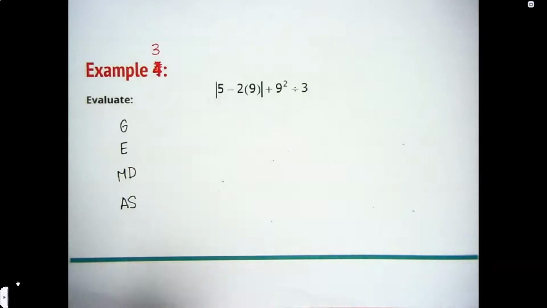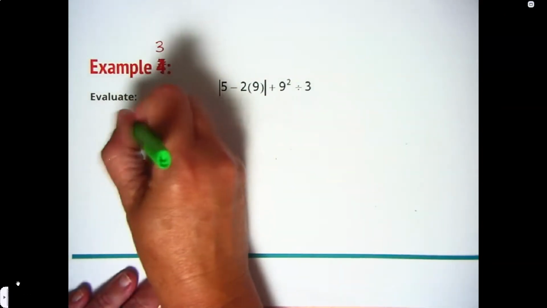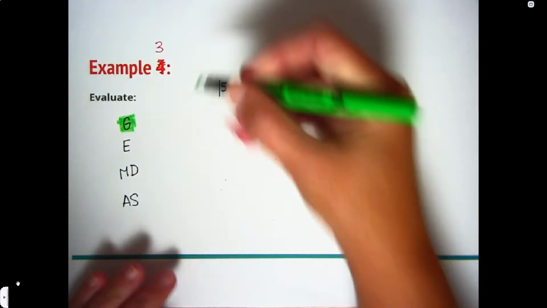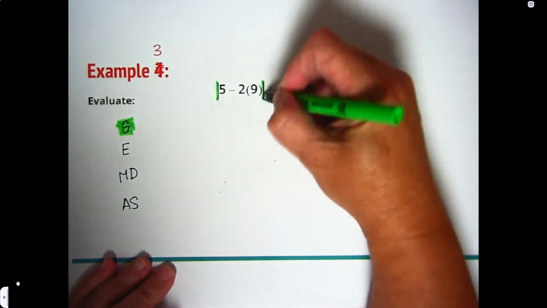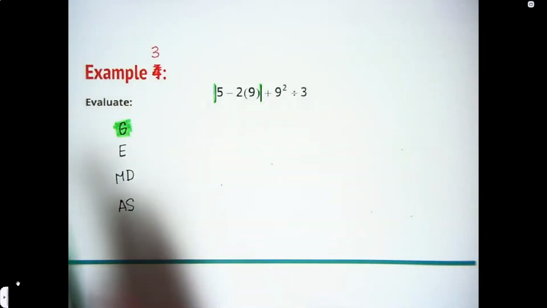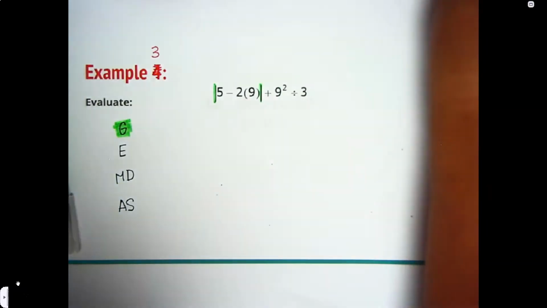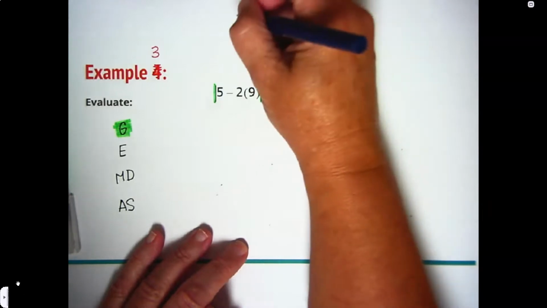All right, so I'm going to look at this problem in front of me, and I am going to look for grouping symbols first. My problem has grouping symbols, which are these absolute value bars, and when I look inside of them, there is more than one thing to do. I've got subtracting and I've got multiplying. So inside of here, I've got this multi-step problem.